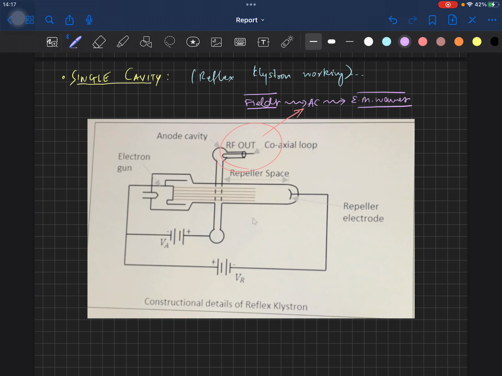Actually, that is interesting. Radiation. The fields here are varying at some frequency, but they're not radiation. It's not radiation exactly.